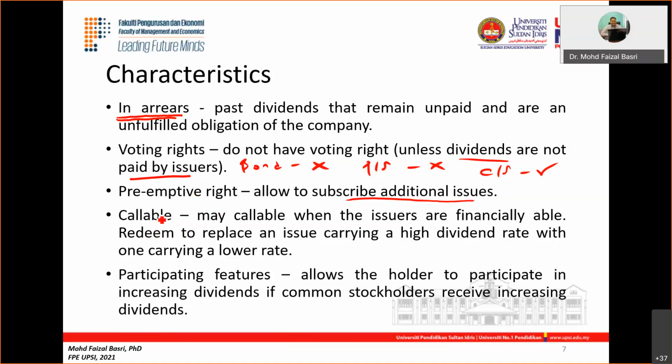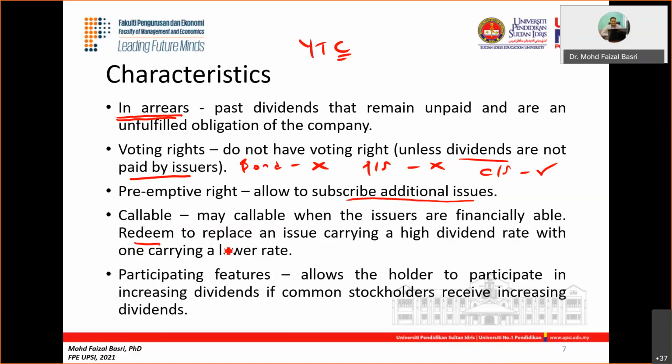Next one, callable. This is again similar to bonds. You remember one of the measurements of bonds, YTC, yield to call, which is this call part. Preferred stocks also have callable features, whereby the issuer, whenever they have a better financial position, can replace or redeem the preferred stocks.